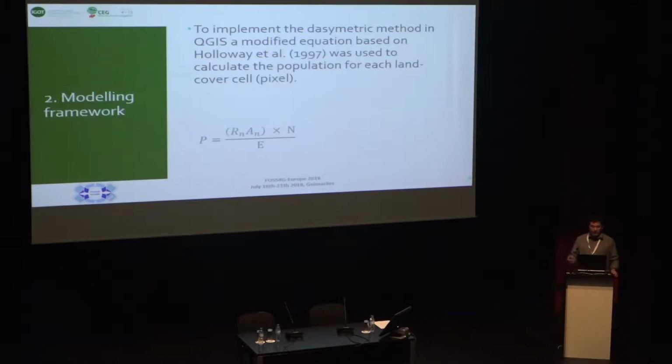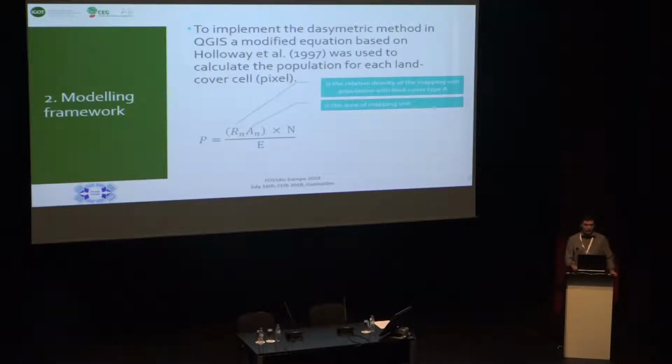There are many solutions, but we picked the solution presented by Holloway that is just as simple as this. We have to calculate the relative density of the mapping unit population for each land cover type: forest, water, agriculture, urban, and so on.